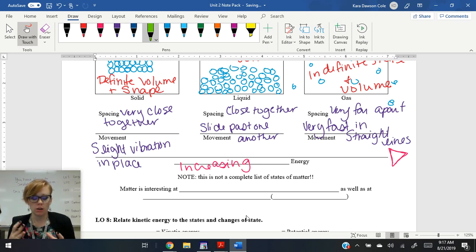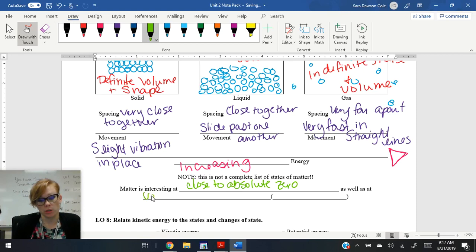You've got all these different states of matter, so this is not a complete list. What we find is that matter is very interesting at close to absolute zero, as well as very high temperatures. At very high temperatures, what we get is a plasma.